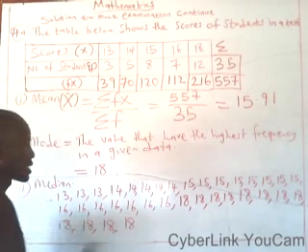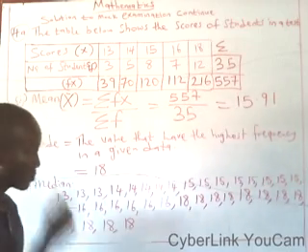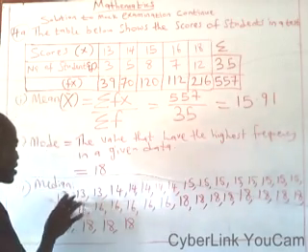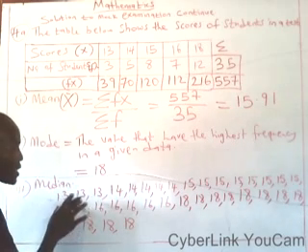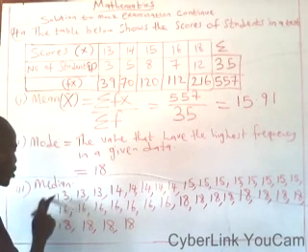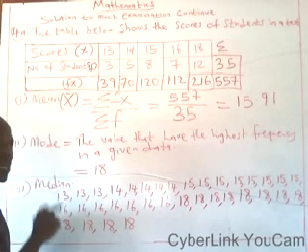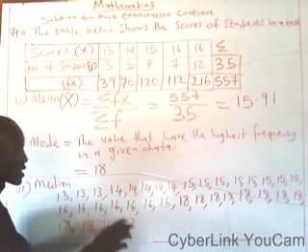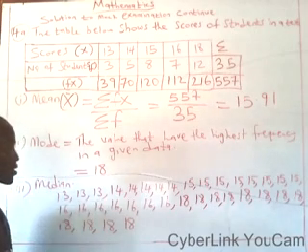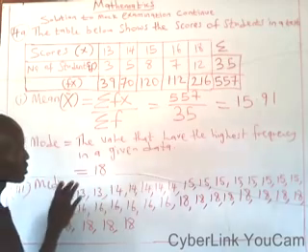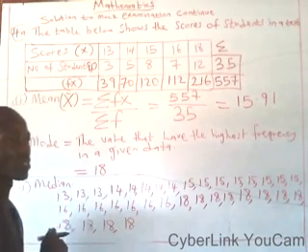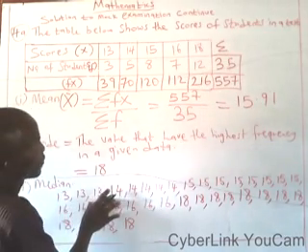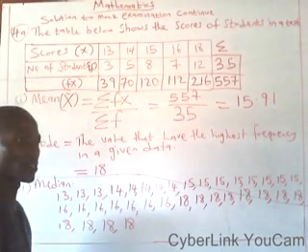Now the next step we are going to take here is this. After we've arranged our data from the smallest number to the biggest number, irrespective of the number of appearances, we are now going to determine the median. Here we have 35 numbers.